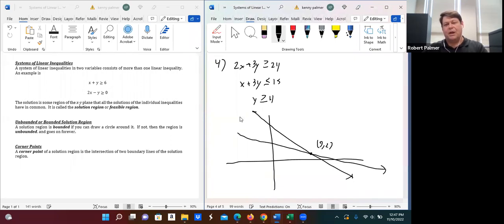Okay, so this first line was our 2x plus 3y is equal to 24. This line was x plus 3y is equal to 15. And of course, Desmos shows us where they intersect, but if you want to find it by hand, you just have to solve both these equations at the same time. But in this case, there's no need to do that since we can use technology to help us out.